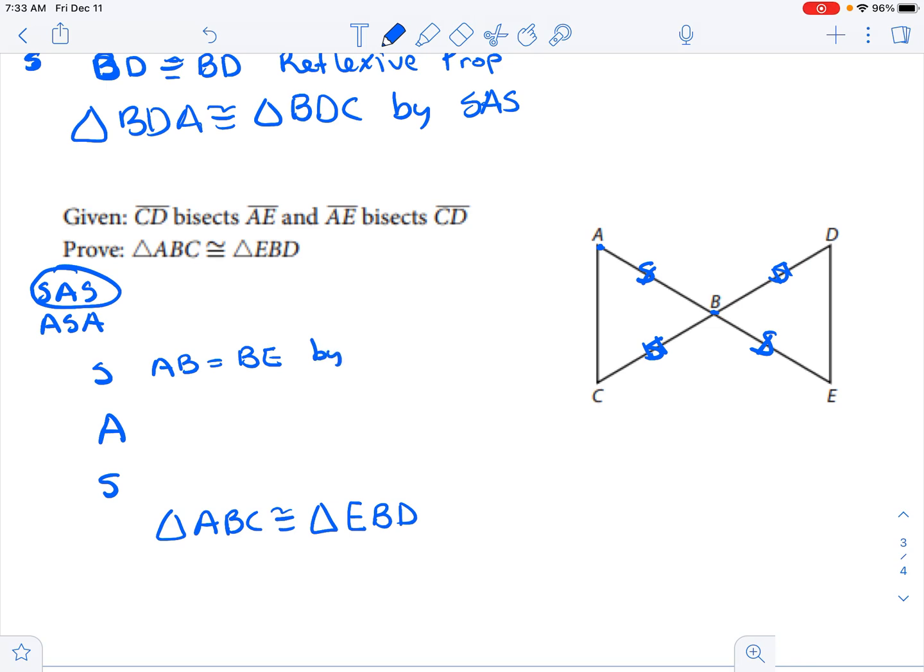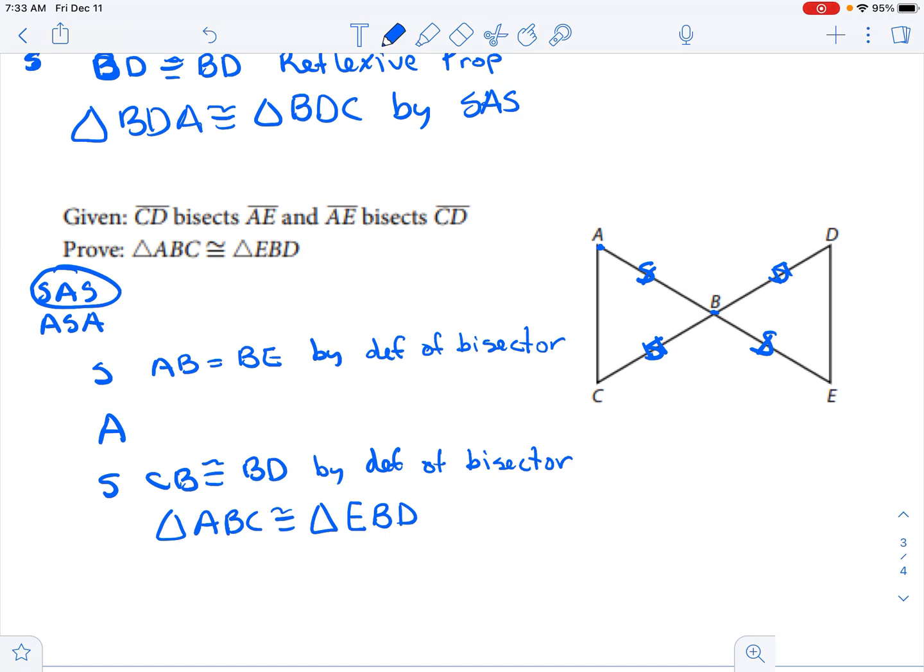And this would be by definition of bisector. And I also can jump down to the other one and say that CB is congruent to BD, again by definition of bisector.